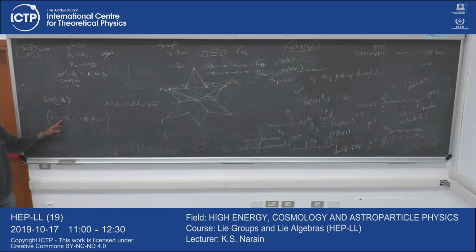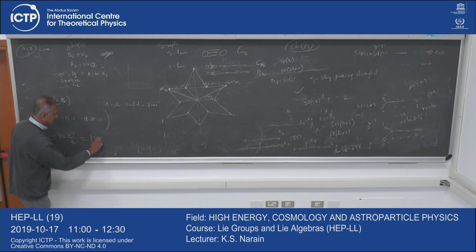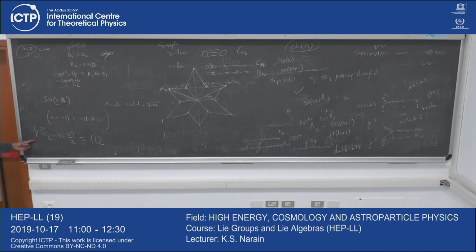So this gives you non-zero roots. We can count how many there are. First of all, you have to choose 2 positions out of 8, right? So you have 8C2 possibilities, and every time you have 4, because of plus minus. So 4 times 8C2, which is 4 times 8 times 7 over 2, which is 112, right? 112 non-zero roots, and the Cartan is 8 dimensional.